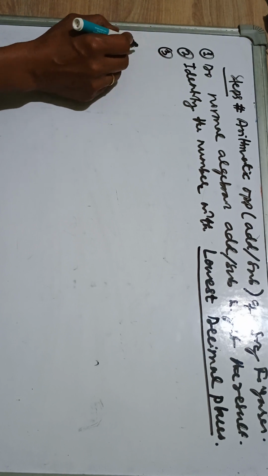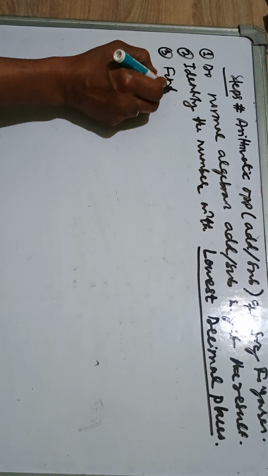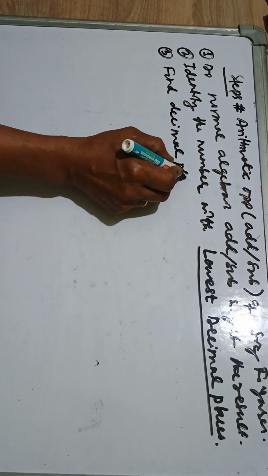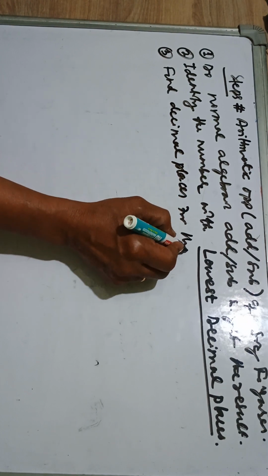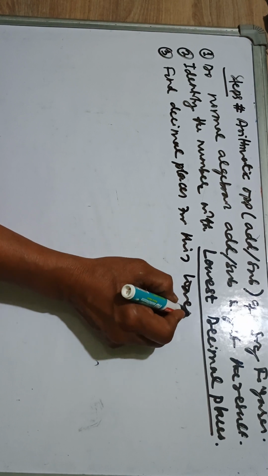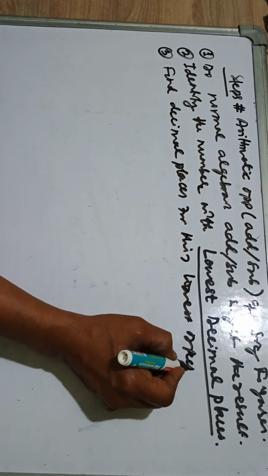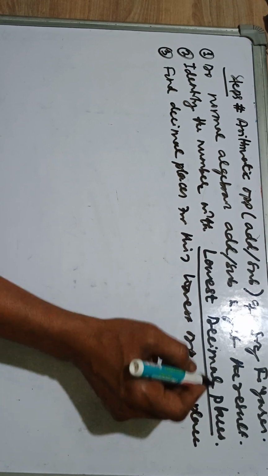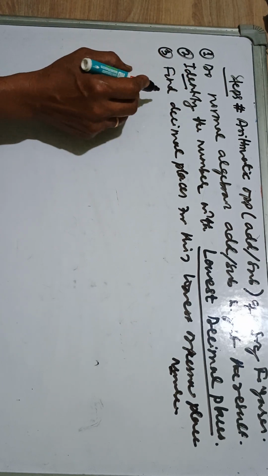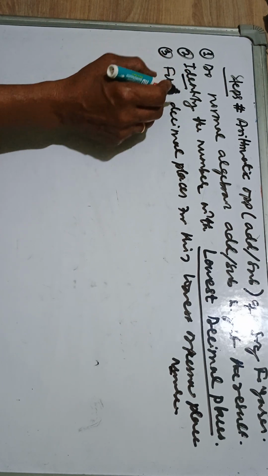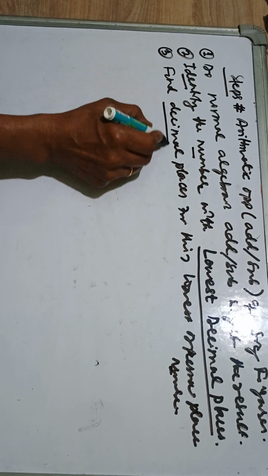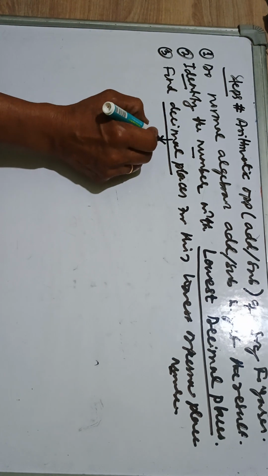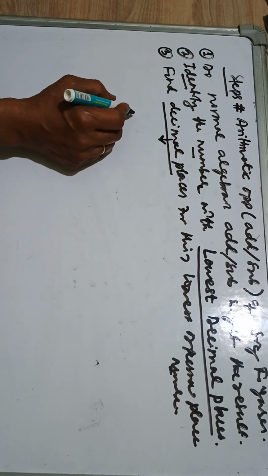Step 3 is find the decimal places for this lowest decimal place number. That means the lowest decimal place number is identified. Once it is identified, we note down its decimal places, and this will be applied or used in the result.